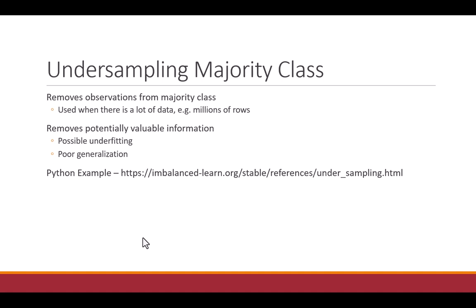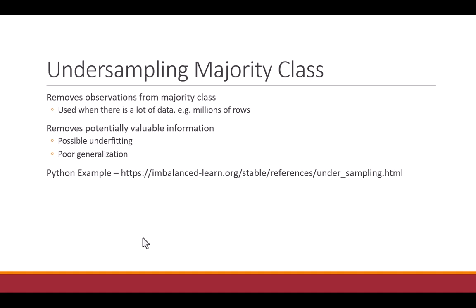And what that means is take sections of the majority class and make them smaller so that they match more of the minority class. So notice how it talks about we remove observations. This is good if you have just a ton of data, millions of rows, quite literally. The problem with this, though, is because you're removing data, there's a problem with possible underfitting and even generalization.